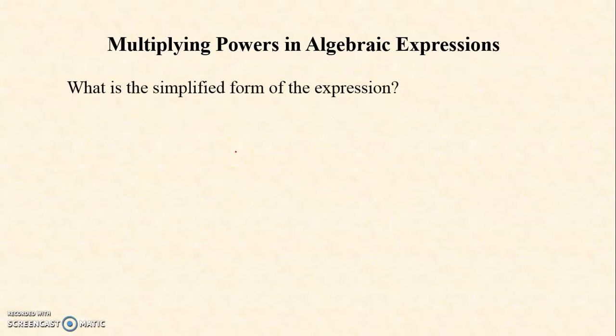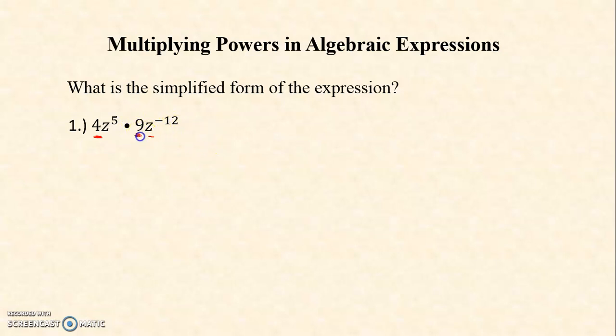This time a little bit difficult because aside from the variables, we're now going to be concerned about the coefficients. So we have here 4z raised to 5 multiplied by 9z raised to negative 12. So how are we going to simplify this one?